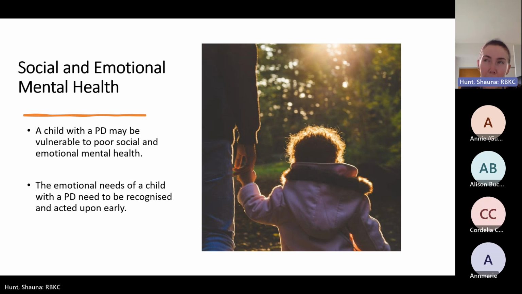You could do that by using positive disabled role models in teaching, such as using books that have pictures of children who are in a wheelchair. You might also have a day celebrating the Paralympics, and perhaps invite guest speakers who have a physical disability, or do show and tell activities, for example, explaining what a splint is or a piece of their equipment.